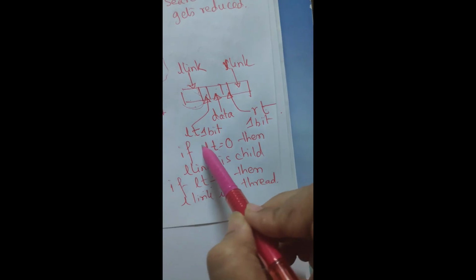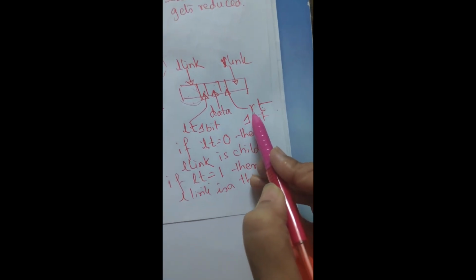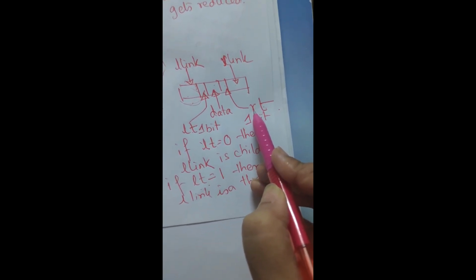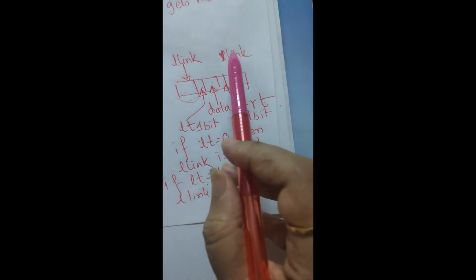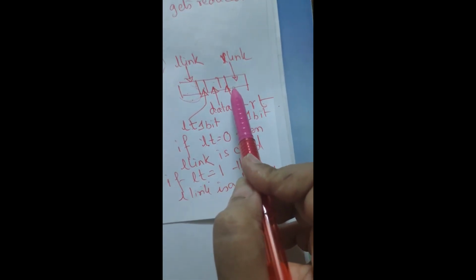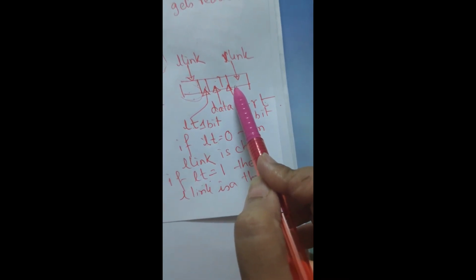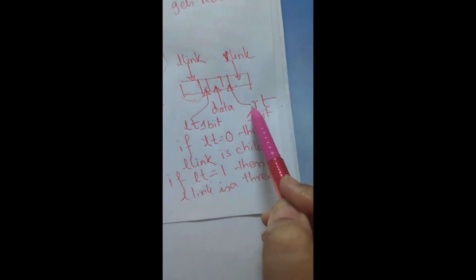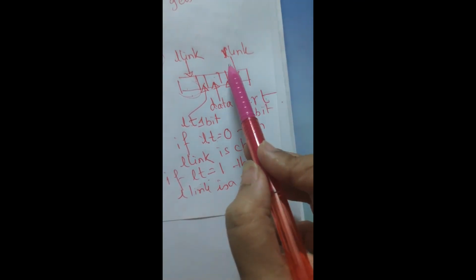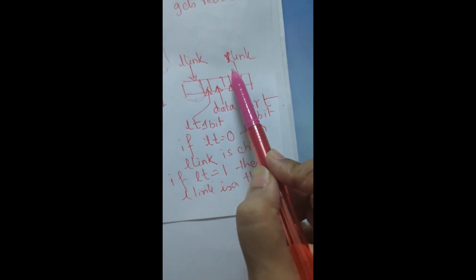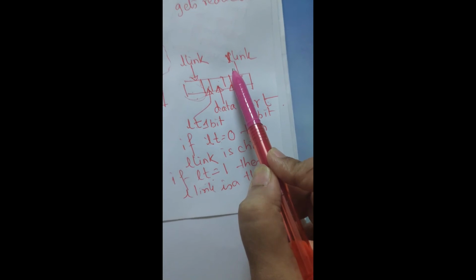Similar to LT, if the RT value is 0, that means the R link is storing the address of the right child. If the RT value is 1, that means the R link is storing the address of the right thread.